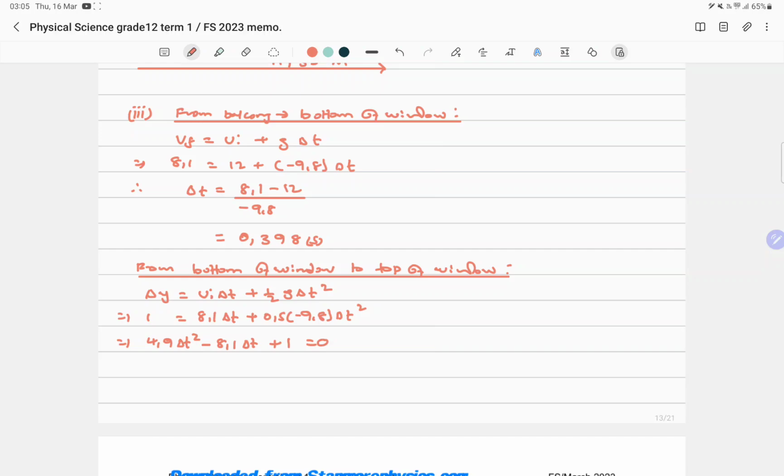Now you can see here it's going to be difficult. So this implies that delta t is going to be minus into minus 8,1, plus or minus the square root of minus 8,1 squared, minus 4 into 4,9 into 1, all divided by 2 into 4,9. Alright, so quadratic formula cannot be forgotten. So let's see what is the story then.